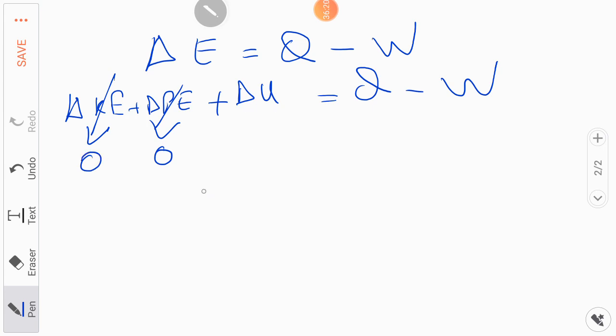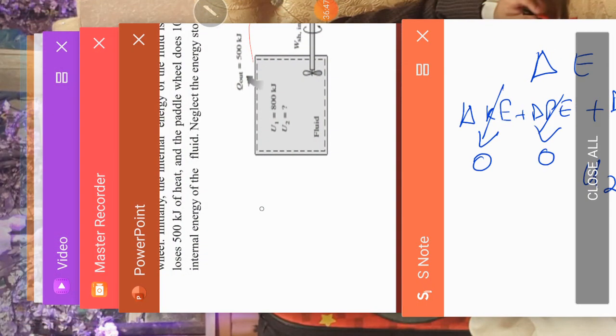The delta U is equal to the final internal energy minus the initial energy, so U2 minus U1, equals Q minus W. How much is the work done on the system? Oh, sorry, in this case it is not gaining any heat, it is releasing heat, so we put this sign with the minus. And how much is it releasing? Going back to the numerical, 500 kilojoules.